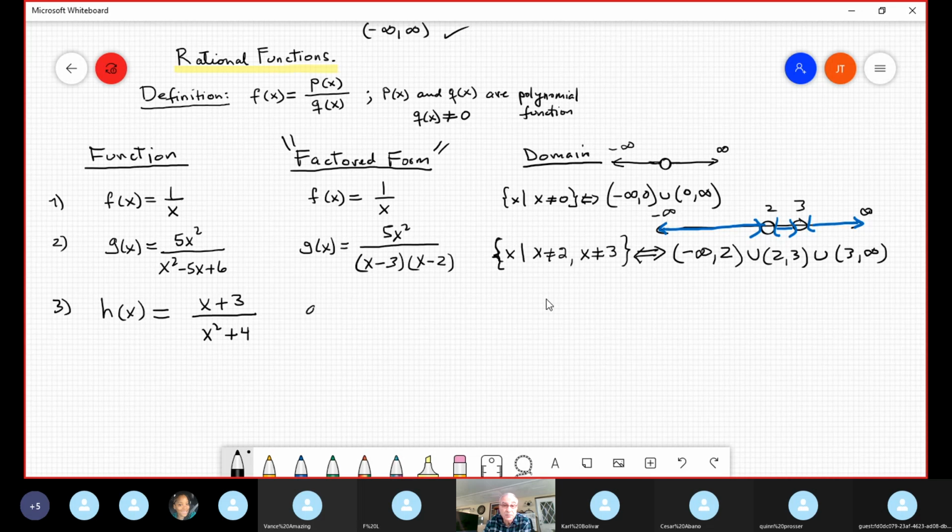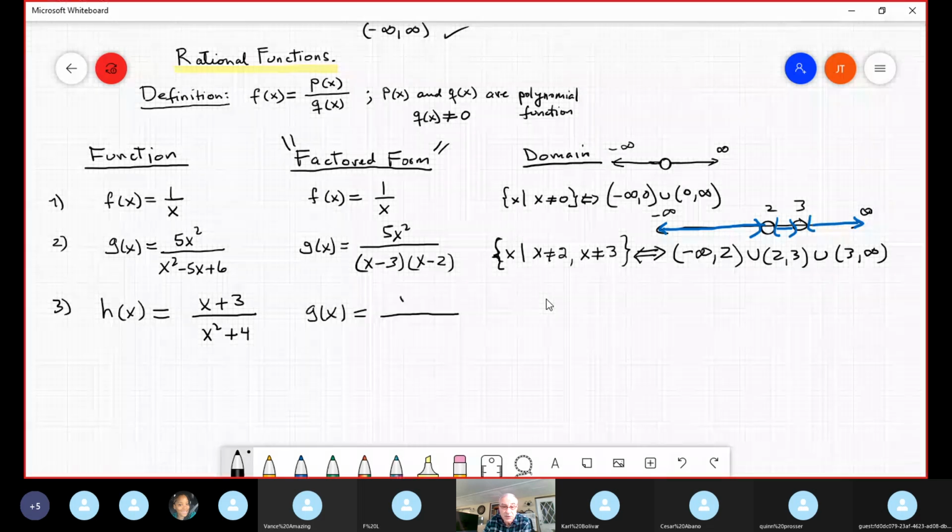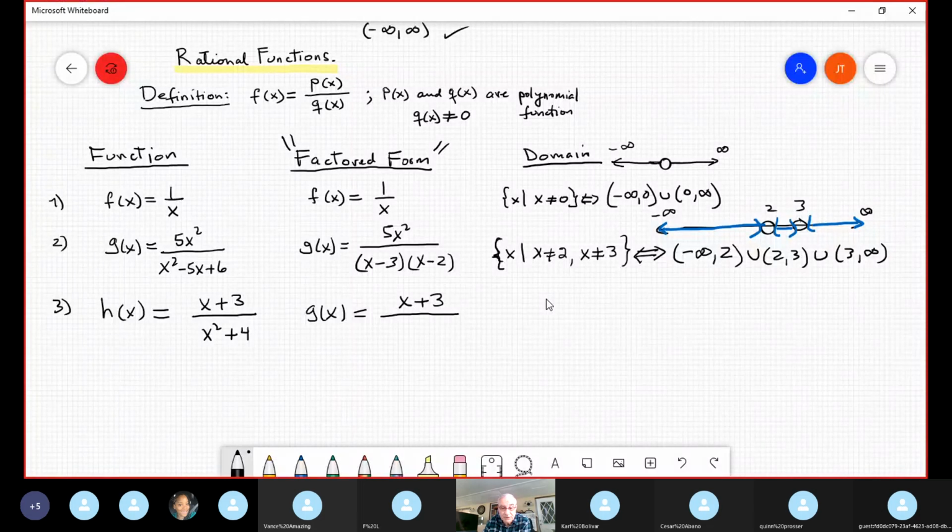In the factored form, this binomial stays the same, it's obvious, right? But this binomial is impossible to factor. It's an irreducible quadratic expression.